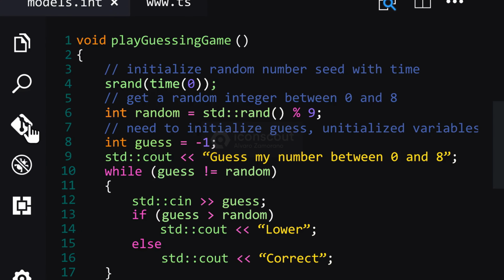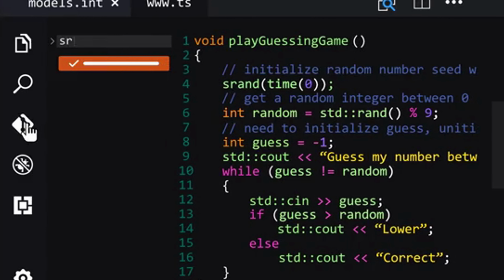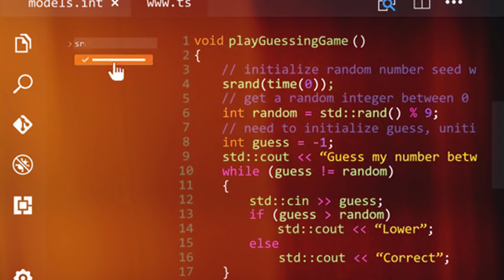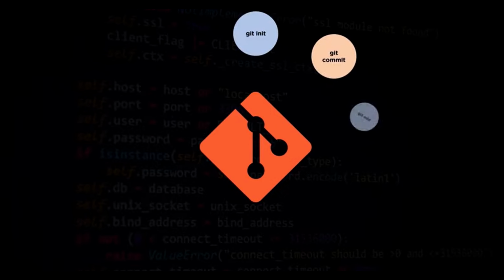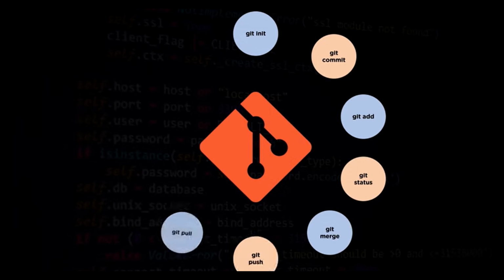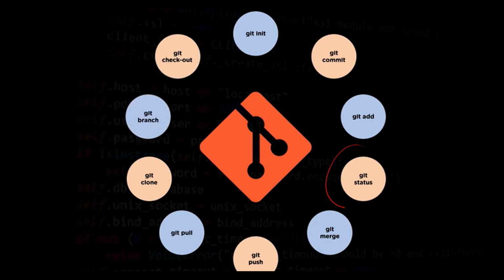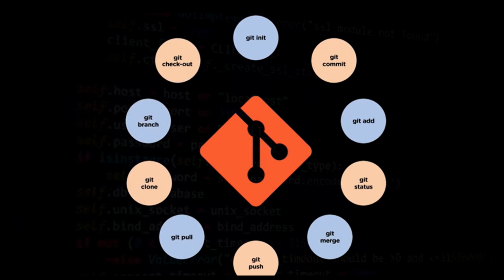Alright, now that we have a basic understanding, let's get started with the practical session and see how Git and GitHub work in action. In this tutorial, I will guide you through the most important Git commands every developer should know. We will start with basics like git init, git add, git commit and git status to help you track changes in your project.